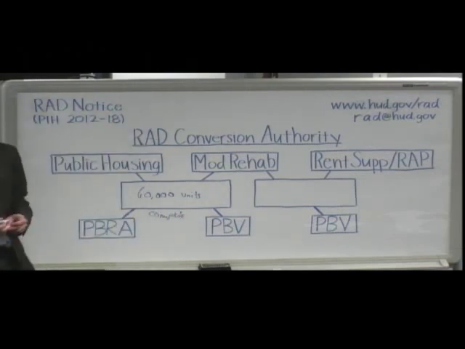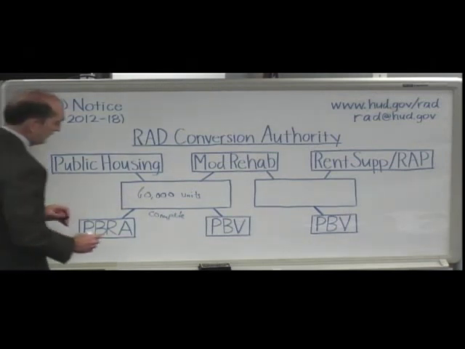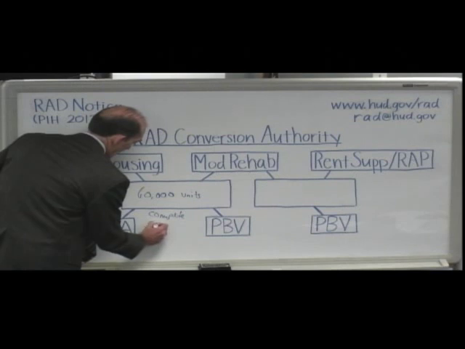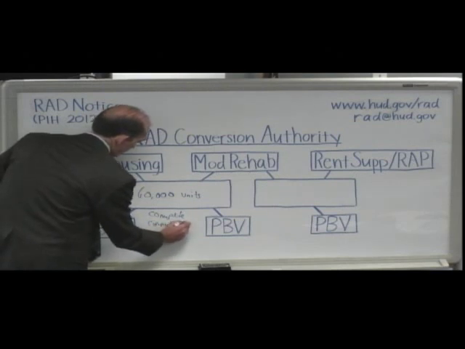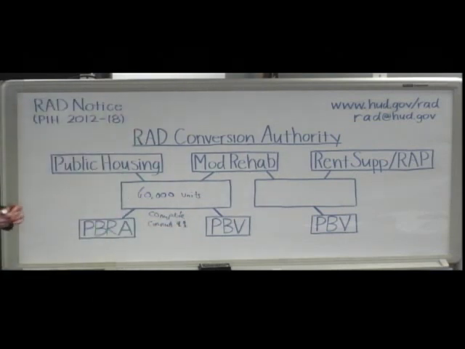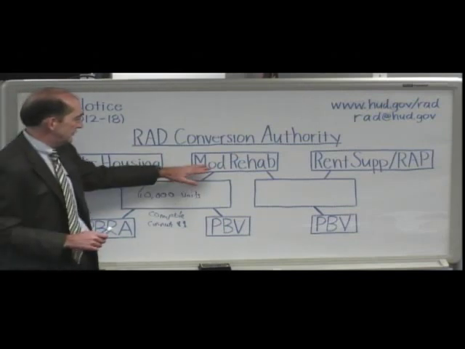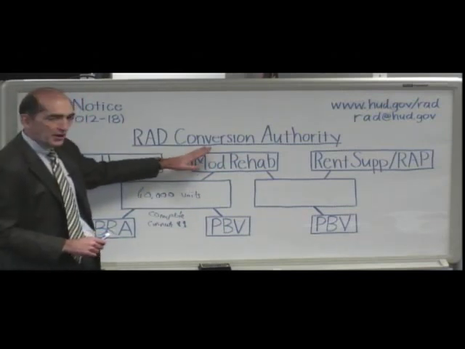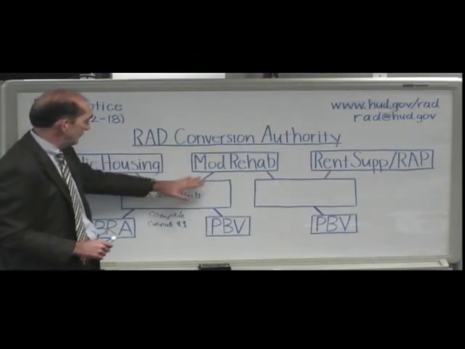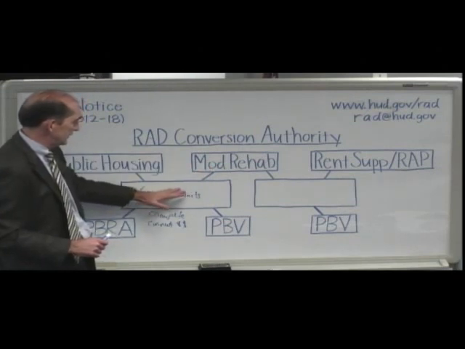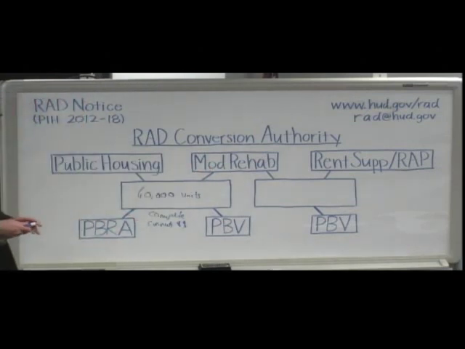They have to compete for it. And a third major defining element under this is that it's at current funding. So for the Mod Rehab owners, we'll talk more during the presentation, you're bringing over your current contract rents if you elect for this element of the program and are selected.